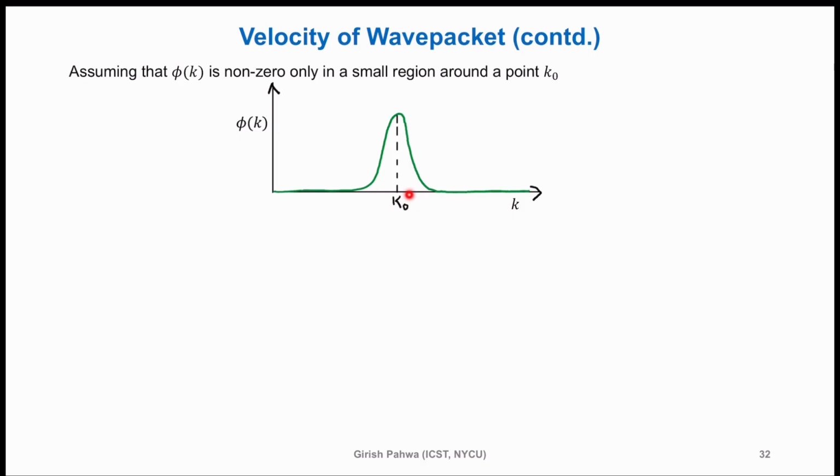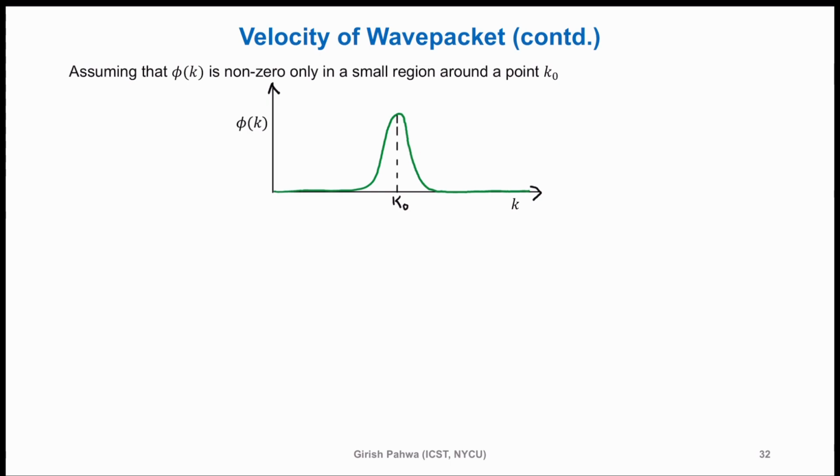So all of these components have similar velocities, and these weight factors are negligible or very small elsewhere, so they don't come into the picture. Okay, so this is going to maintain the integrity of that wave packet. Yes, it will still disperse, but will not completely fall apart.